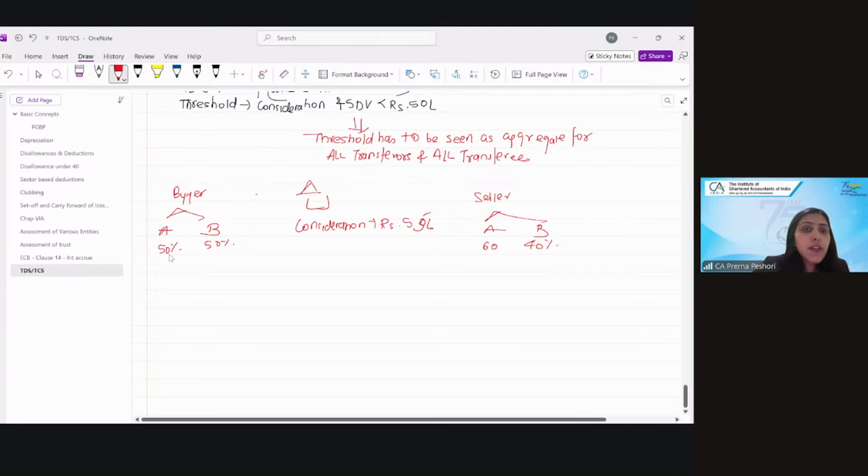So if it is 27.5 for each buyer, it doesn't mean they will not deduct the TDS. And similarly, if you look at 60% of this, let's say 33 lakh for this and 22 lakh for this, it doesn't mean you will not deduct the TDS. You will still continue to deduct the TDS. Clear?